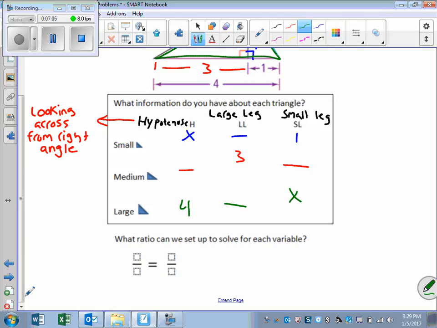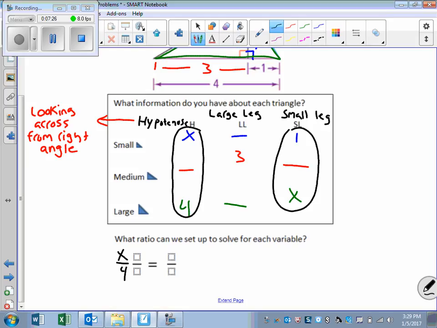Obviously we're going to be trying to solve for x because that's the only variable that we have. So where do we see x? Well, we see it here in this column. So that's our first ratio. And then we see it again in the third column. And that is our other ratio.